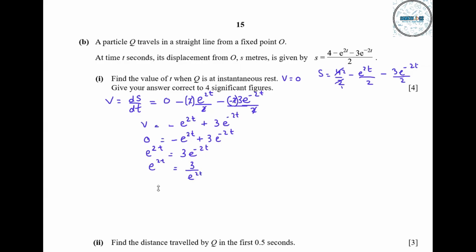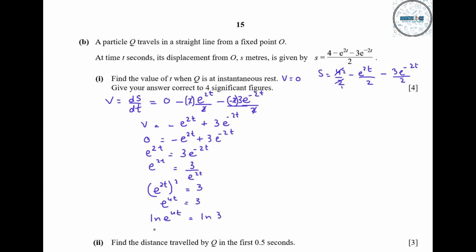We will do cross multiplication. It will become e power 2t squared is equal to 3. So e power 4t is equal to 3. We'll apply ln on both sides. Ln e power 4t is equal to ln 3.